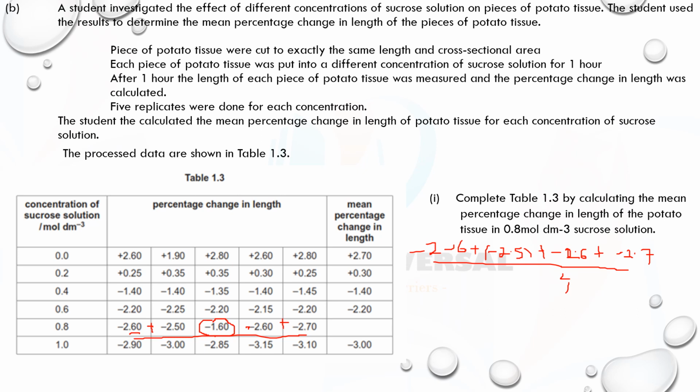Minus 2.6 plus minus 2.5 plus minus 2.6 again plus minus 2.7. That gives us 10.4. 10.4 divided by 4 gives you what?